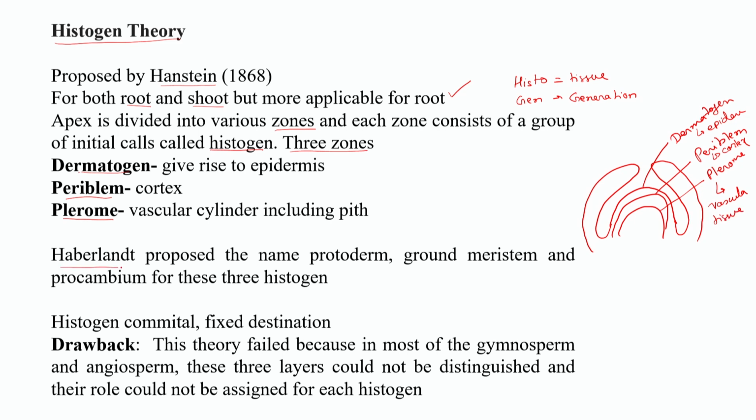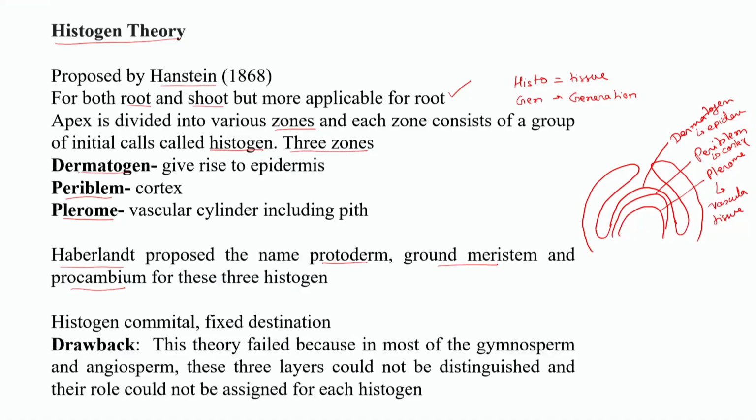Haberlandt proposed the names protoderm, ground meristem and procambium for these 3 histogens. Protoderm, ground meristem, that also we have studied when we were studying the classification of meristem on the basis of their function. So the same thing is there: protoderm which is giving rise to epidermis, ground meristem to cortex and procambium giving rise to vascular tissue.